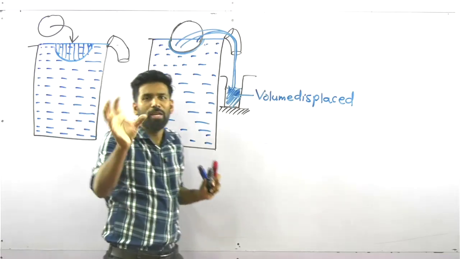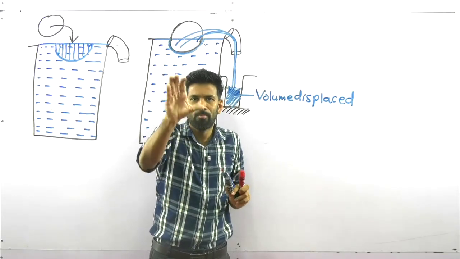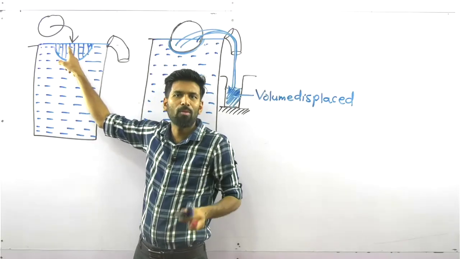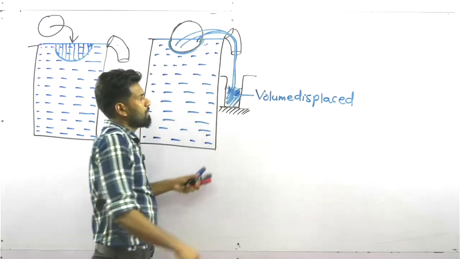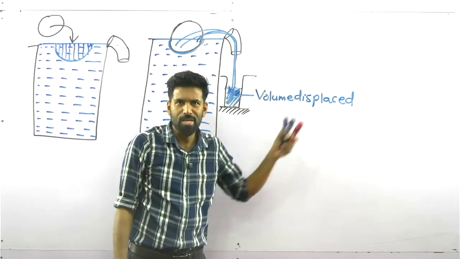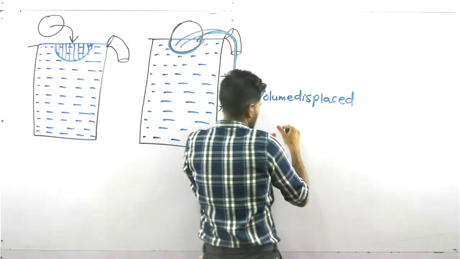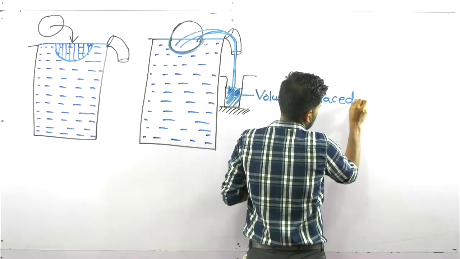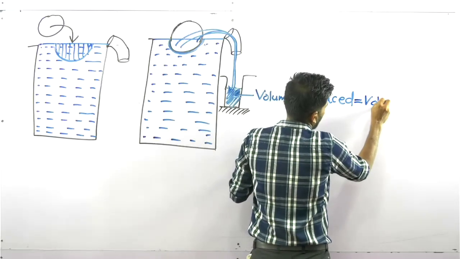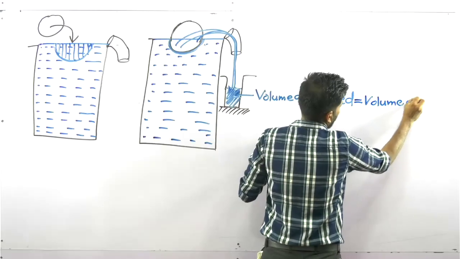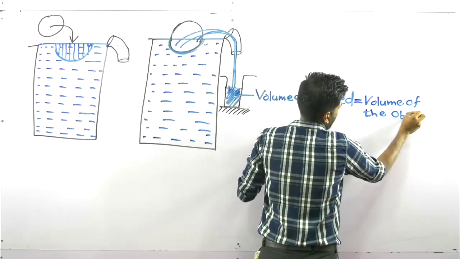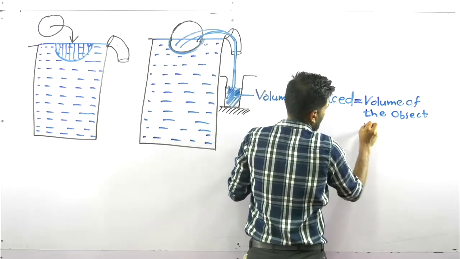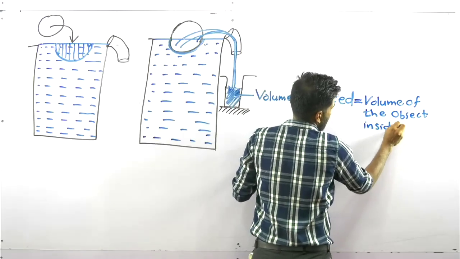So the liquid molecules which were occupying that space don't have a place to live. They have to move out. So the volume displaced is equal to the volume of the object inside the liquid, isn't it?